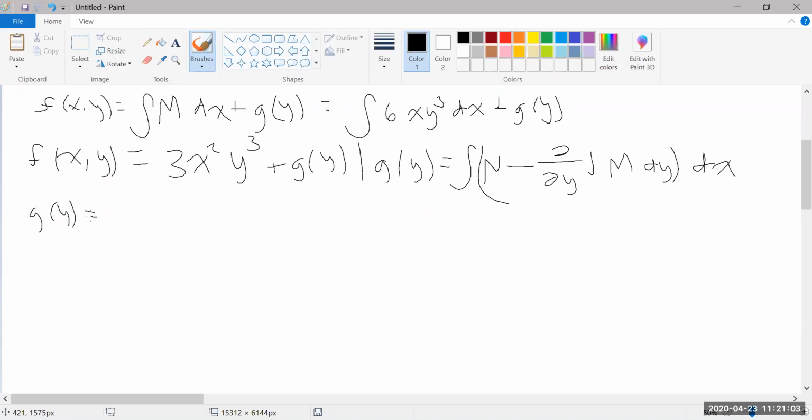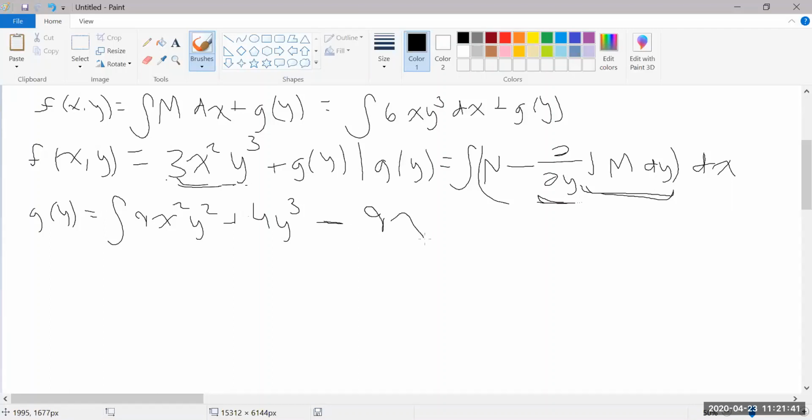Plugging in all our values, our N is 9x squared y squared plus 4y cubed, minus the integral we've already taken, and then we take the partial with respect to y. The partial with respect to y of this is going to give us 9x squared y squared.